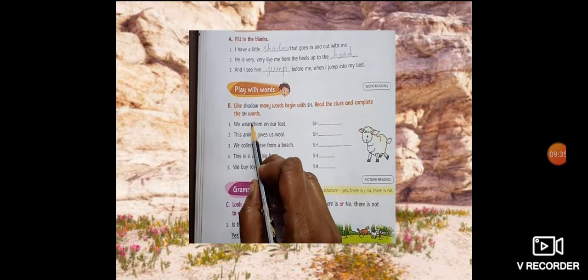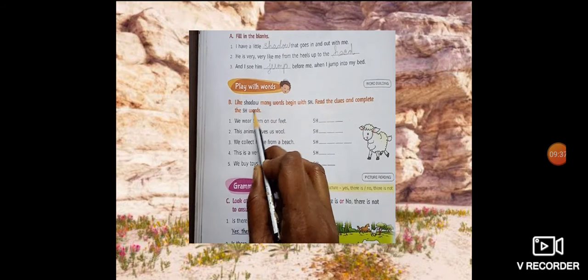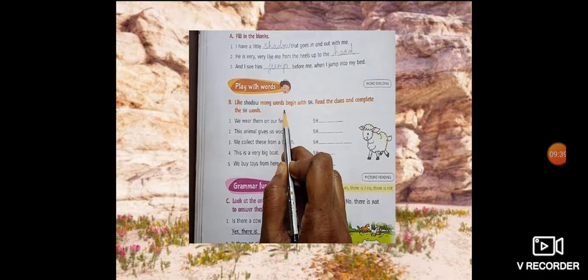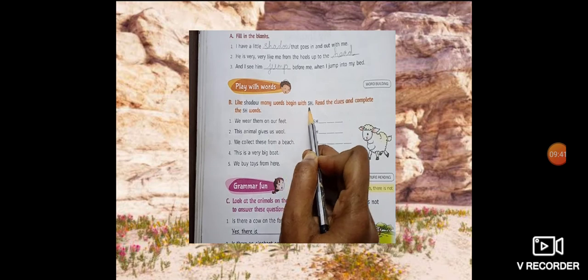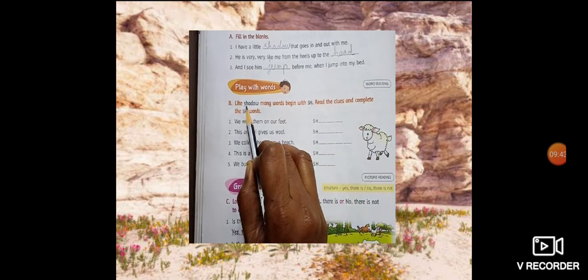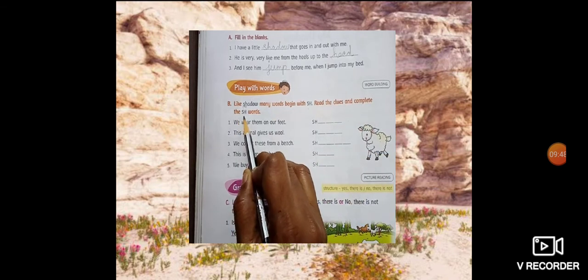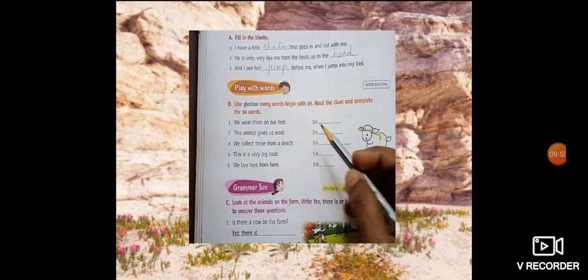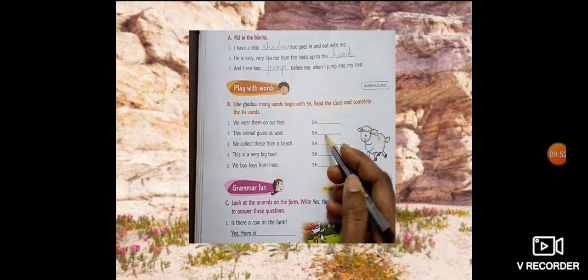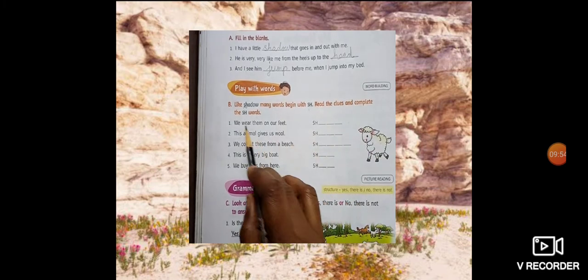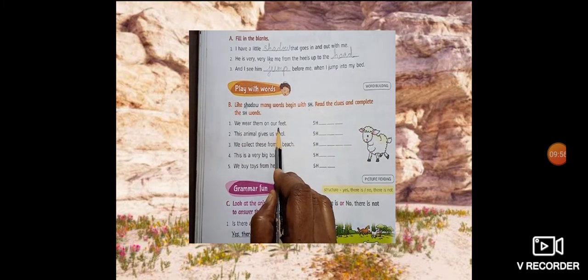Next exercise, like shadow, many words begin with SH. Okay, shadow also starts with SH. Read the clues and complete the SH words. Here they have given a set of words. To identify these words, they have given some clues here.